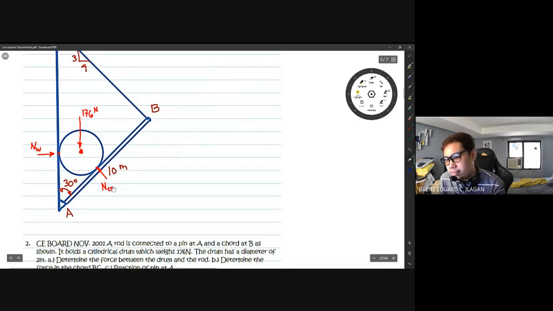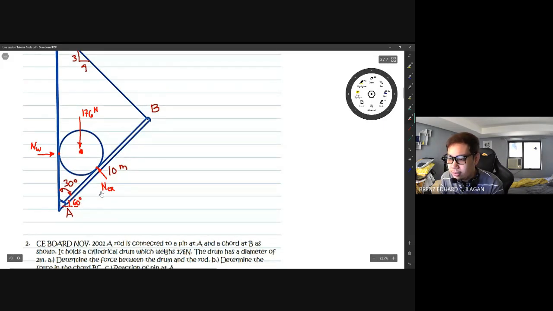Okay, so given that the angle here is 30 degrees, itong angle dito will be equal saan? Ano yung angle na to? So kung ito ay 30, ano ito? Considering the perpendicular, 60, tama.